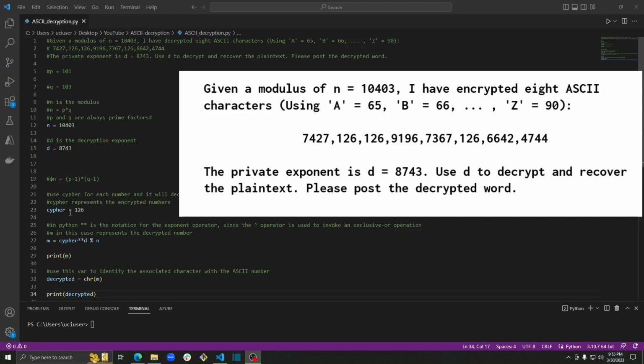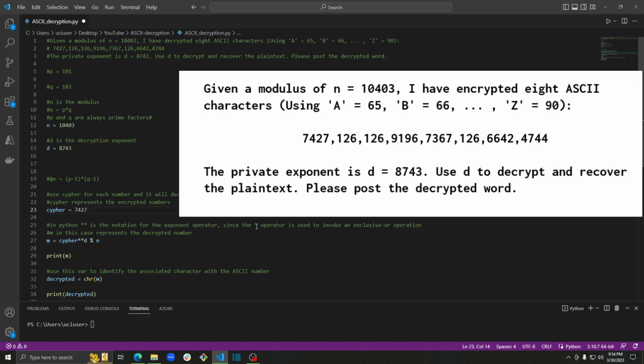Now I created a variable to represent each number in the list, so we'll start with 7427. Okay. Now, we created the variable M here to represent the decrypted number. And we can see the formula. It's going to be the cipher number, in this case 7,427. Now these two asterisks in Python are actually the notation for exponent.